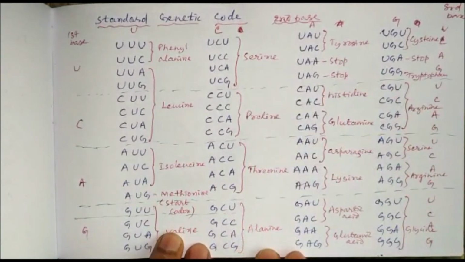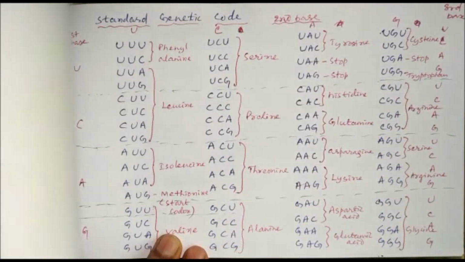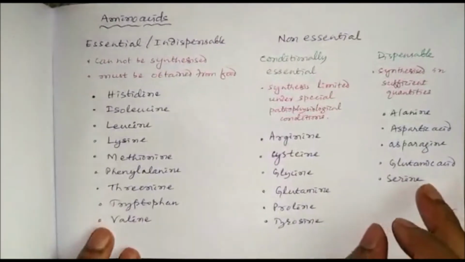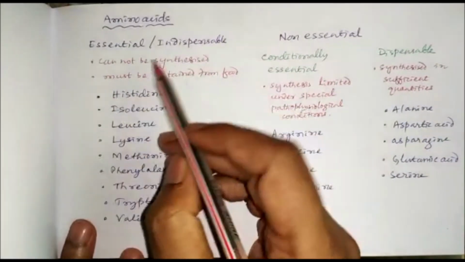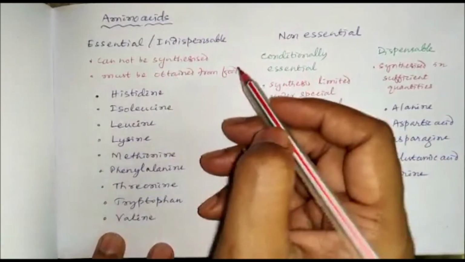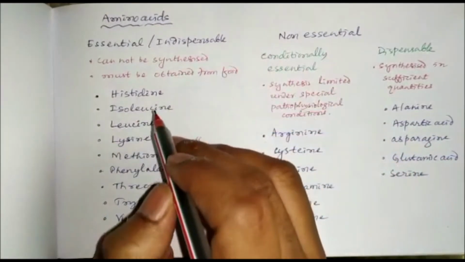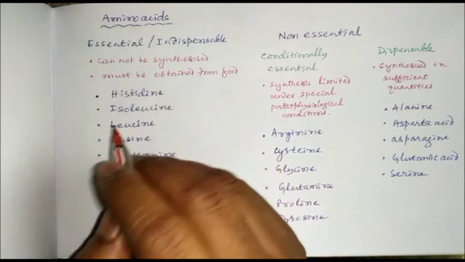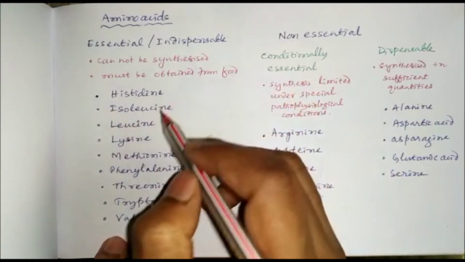And out of these 64 codons, we have a total of 20 amino acids. These 20 amino acids we can divide into essential and non-essential. Essential means we have to take them in our food; we cannot synthesize them.